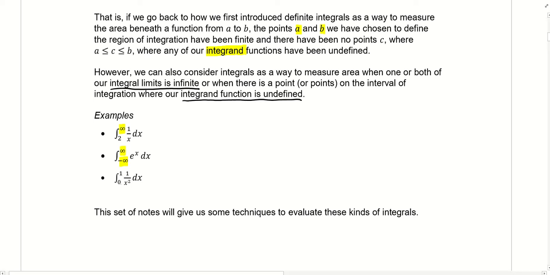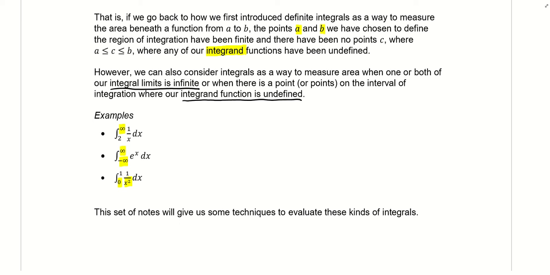So in this last example, our limits of integration are both finite again, but if we think about that lower limit of integration, we are dealing with a case where our integrand is undefined there because we have 1 over x squared, and when x is 0, we get that 1 over 0 problem that we can't have.